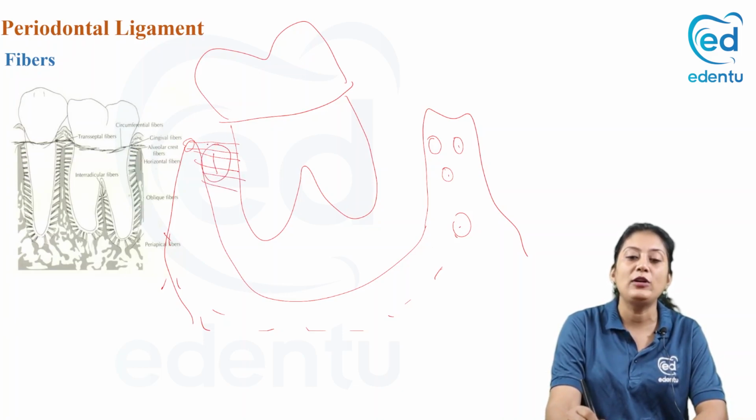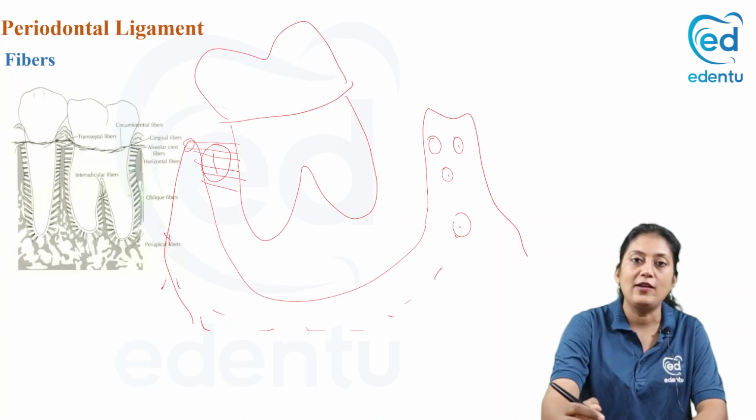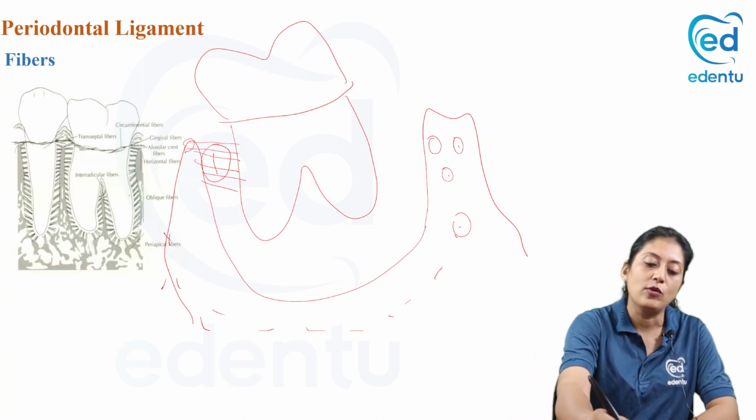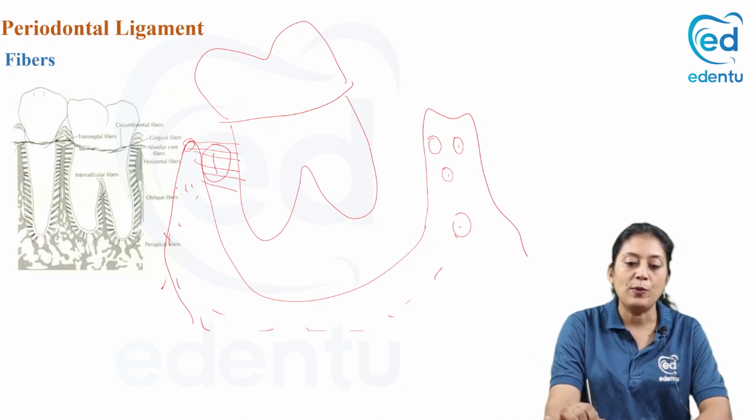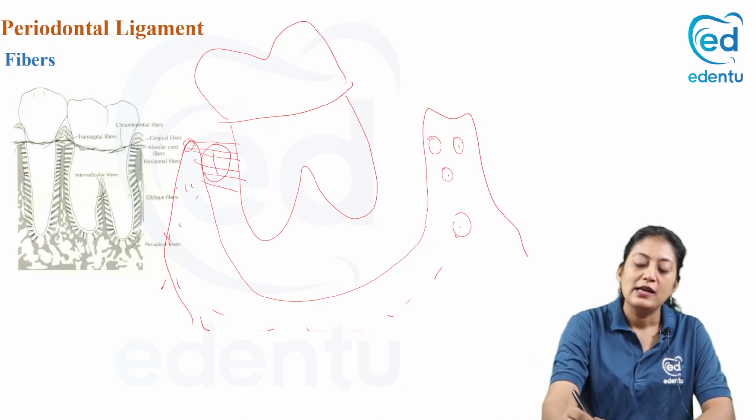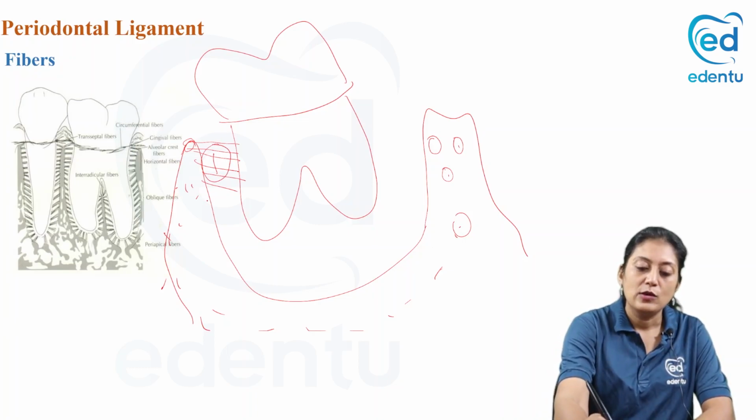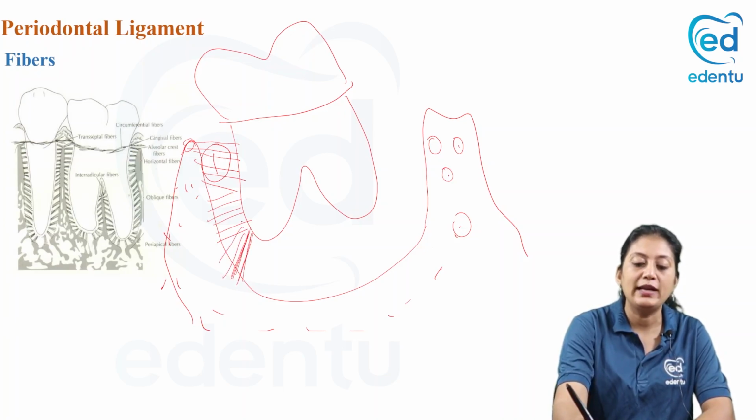The name only tells you it is from the crest of the alveolar bone. Crest means the tip of the alveolar bone. Second group of fibers is the horizontal group. Then the oblique group, running in an oblique direction. So second is horizontal, third is oblique.